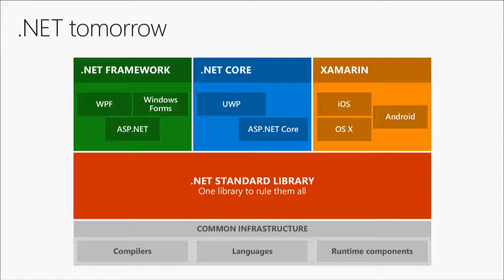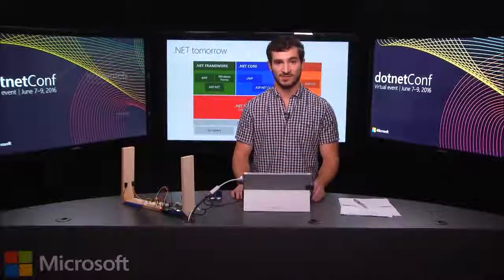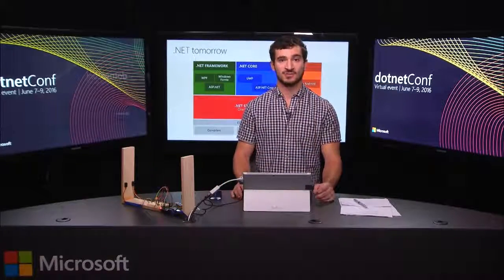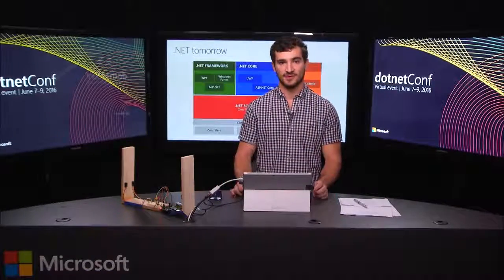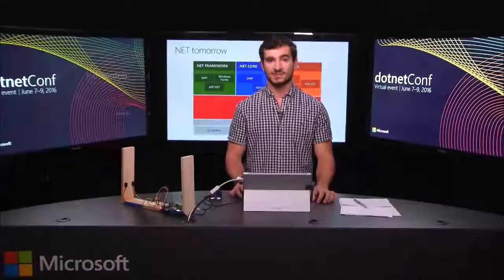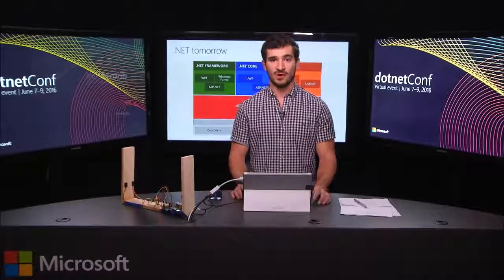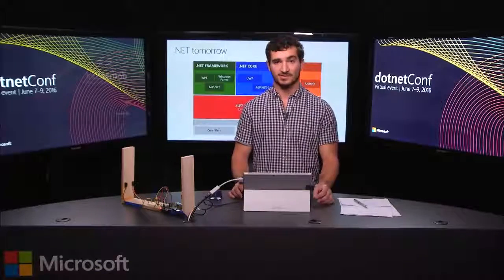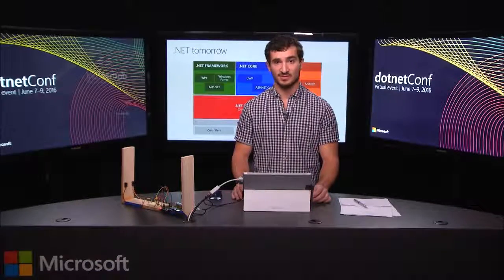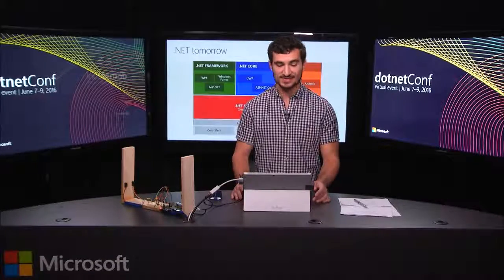I know many other talks have already talked about this, but what this really means to you as a Universal Windows Platform developer is that as you hone your .NET skills with Universal Windows Platform development, those same skills will transfer across any of the .NET Standard platforms. So no longer are you just mastering your skills for a platform, you're mastering your skills for an entire technology, and that is the .NET Standard.